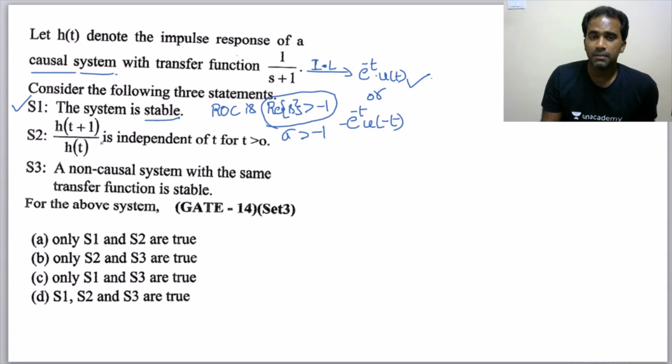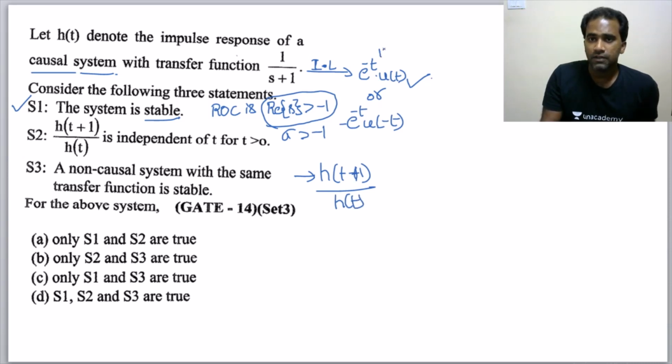Next one: h of t plus 1 divided by h of t is independent of t, it seems. So we have h of t here.